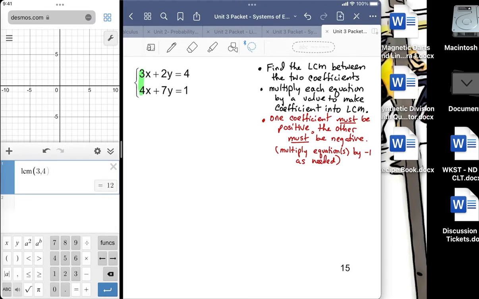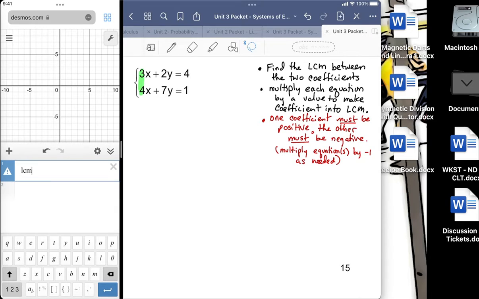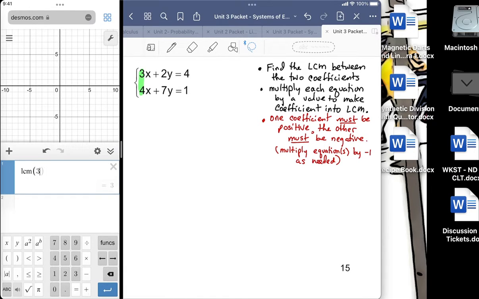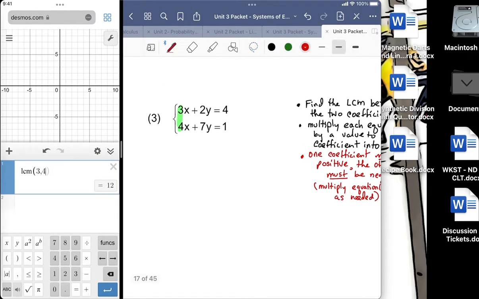You'll notice, and I've talked about this a few times already, it starts off in italics, but then once it locks in on an actual programmed command in Desmos, it turns to ordinary font. That's how you know you have something that works. So 3 comma 4, you got your 12. That's the number you're aiming for with these two values. So the LCM is 12.